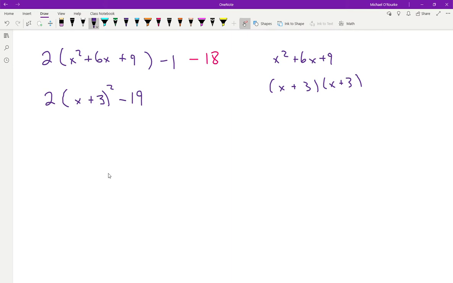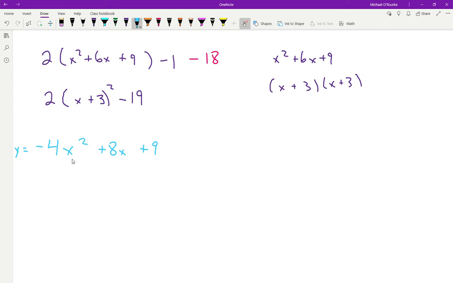Okay, so let's take a look at this one here. Let's go negative 4x squared plus 8x plus 9. Let's get rid of this negative 4.